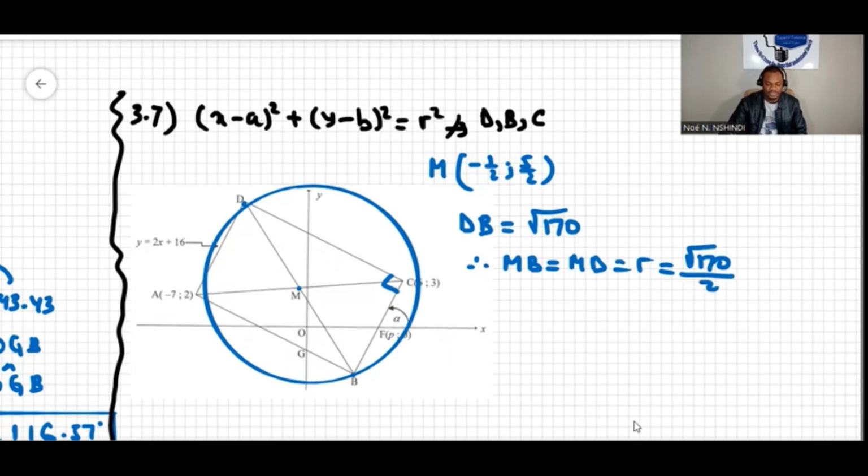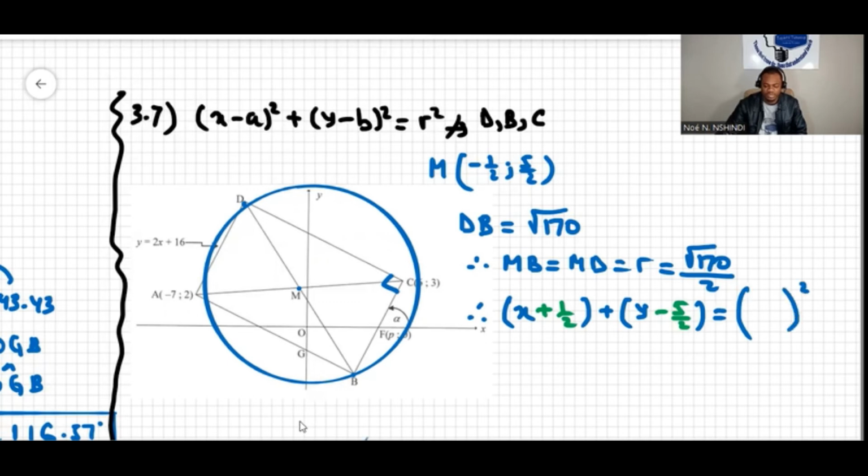Then we can write the equation. Therefore, the equation will be x minus a half, that makes plus a half, and then plus y minus 5/2, and then this is equal to the radius to the power of 2.